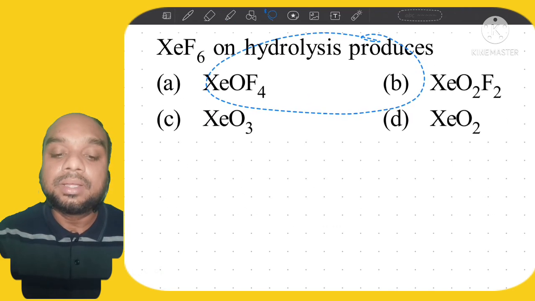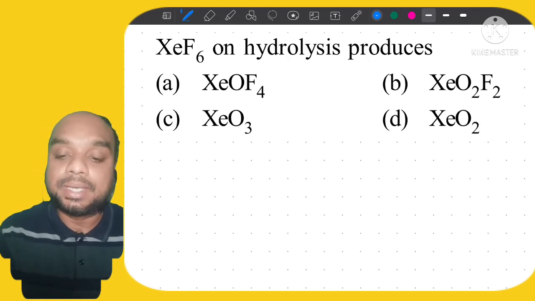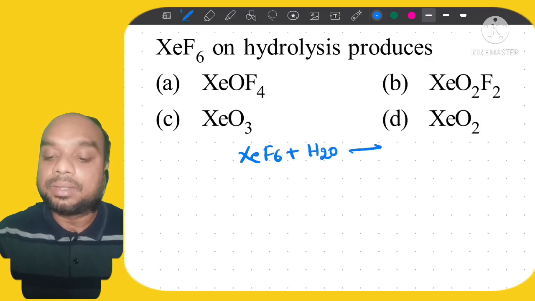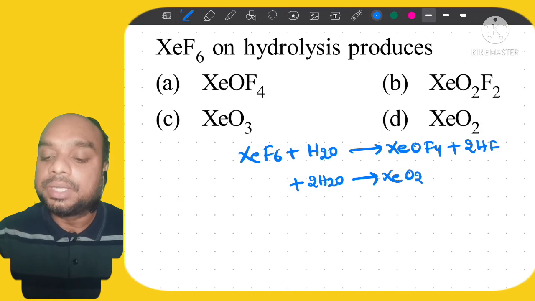Here, XeF6 on hydrolysis produces what? When it reacts with 1 mole of water, we get xenon oxytetrafluoride plus 2HF. When it reacts with two moles of water, we get xenon dioxide difluoride plus 4HF. And when it reacts with 3 moles of water, we get xenon trioxide plus 6HF.